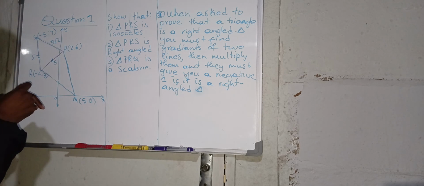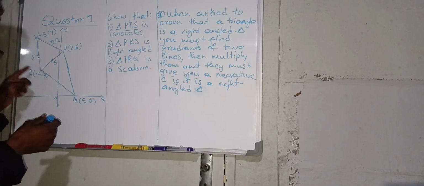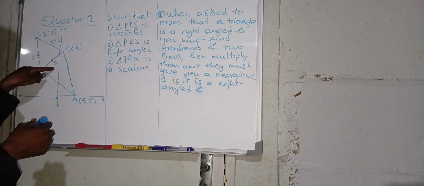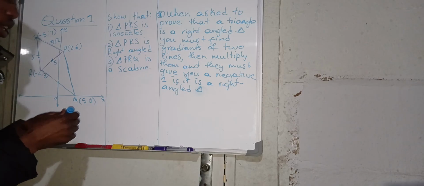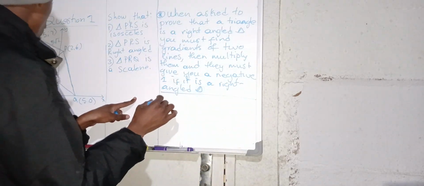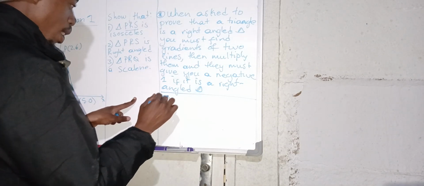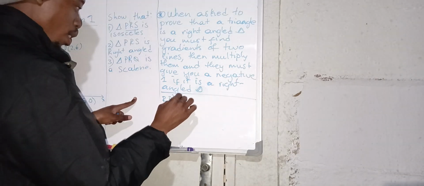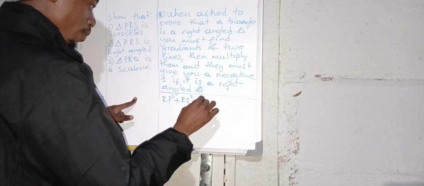So if you want to find whether this is a right angle triangle, I can say 5 squared plus 5 squared is going to give me this distance. Let's check it first. I'm going to say RP squared plus RS squared is going to give me SP squared.